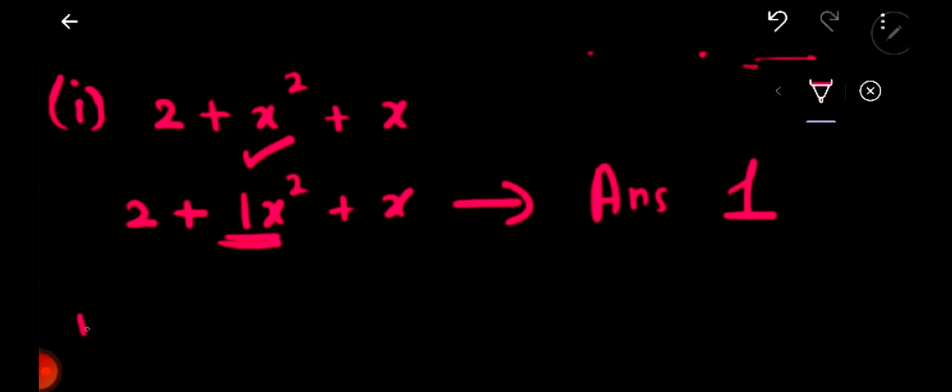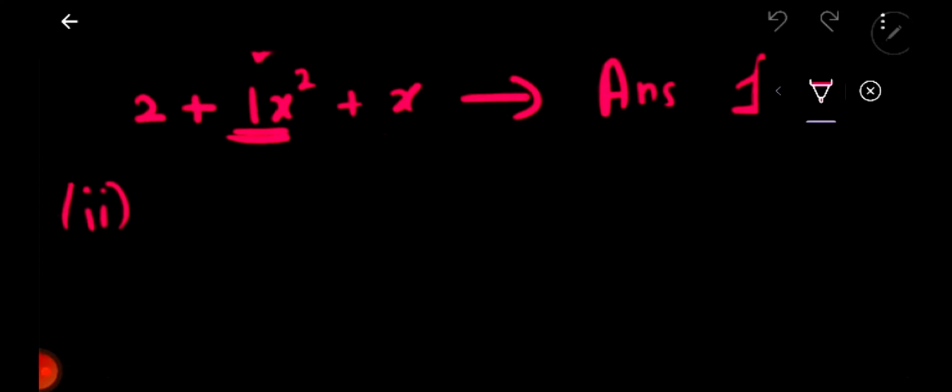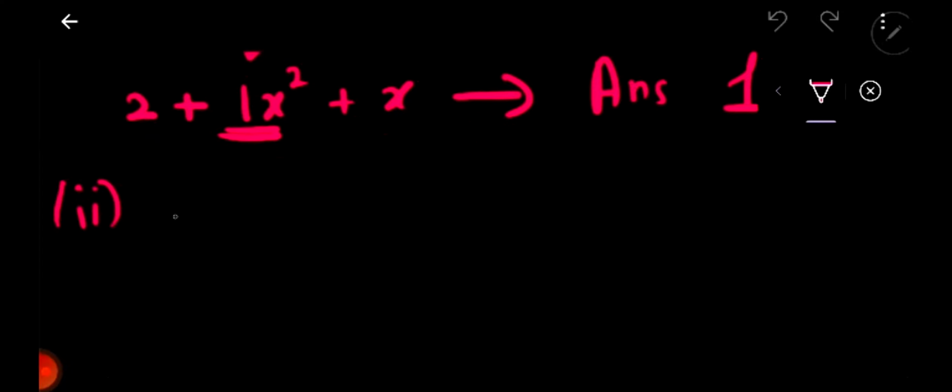Second question: 2 minus x squared plus x cube. We have to find the coefficient of x squared. So check whether the x squared term is in the expression or not.